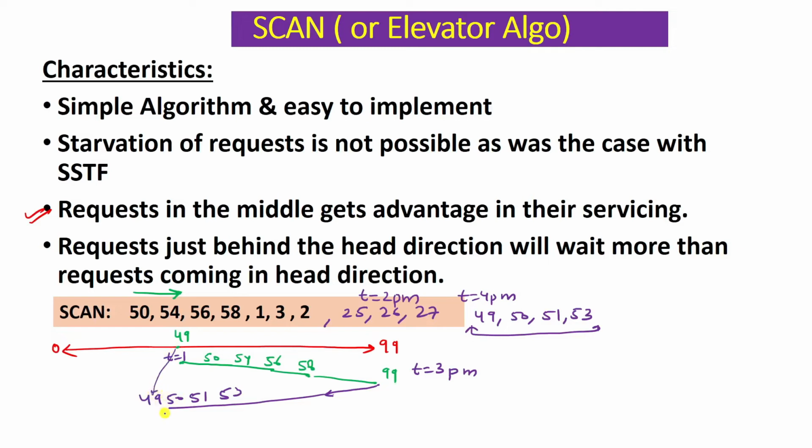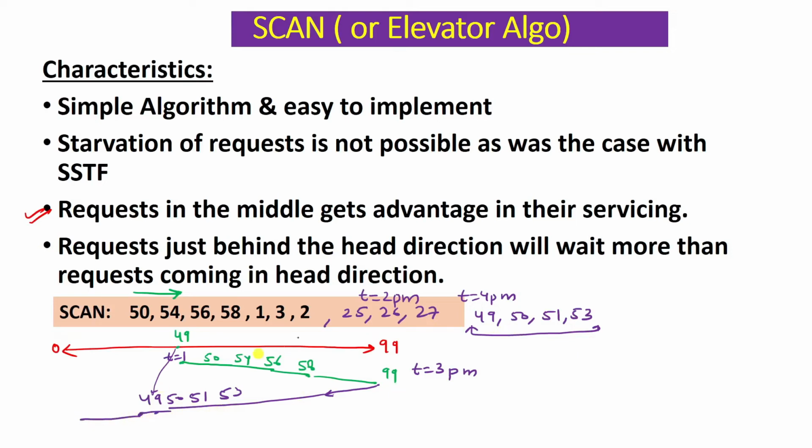So the point is, although at t equal to 2 p.m. these requests came, before these requests, the time of arrival being t equal to 2 p.m. for these requests, I will still first complete the requests which came in the middle.